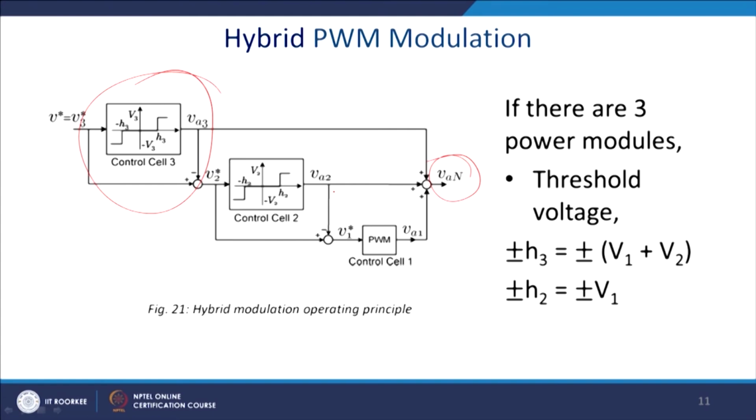value VAN. Here if there are 3 power modules, the threshold voltage H1 is equal to V1 plus V2 and H2 will be equal to V1, and the combination of it will give you the different levels of voltage.